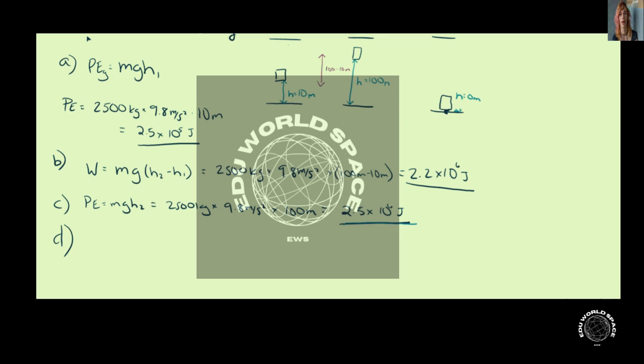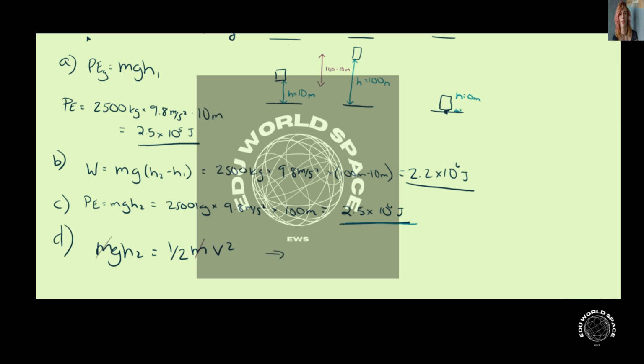And that was mgh2. So that was the total energy at that point. That's got to equal the total energy right before it hits the spring. So it's not compressing the spring yet, but we have just kinetic energy, which is equal to 1/2 mv squared. So our m's are going to cancel out here, mass. And we just want to find the velocity.